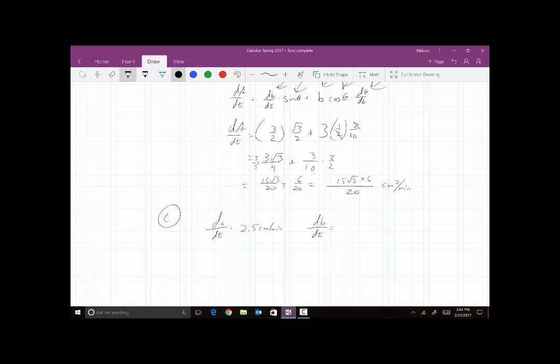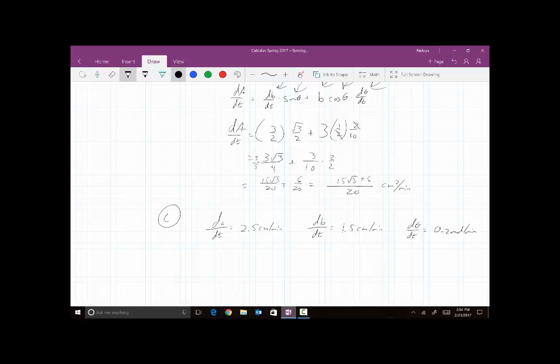B is changing at a rate of 1.5 centimeters per minute, so dB/dt is 1.5 centimeters per minute. And then theta is increasing at a rate of, so d theta/dt is 0.2 radians per minute.